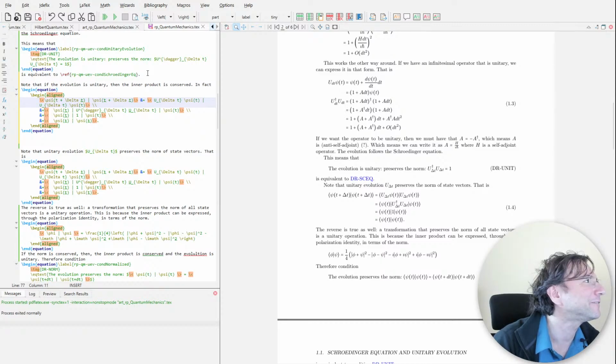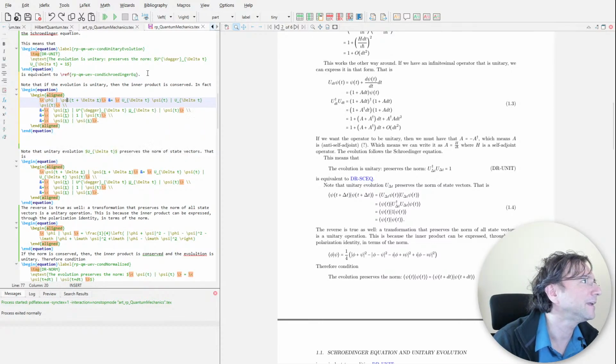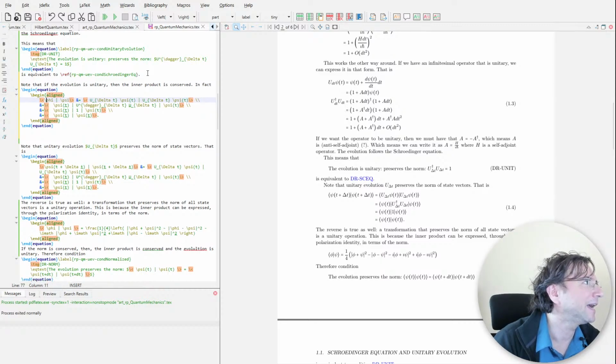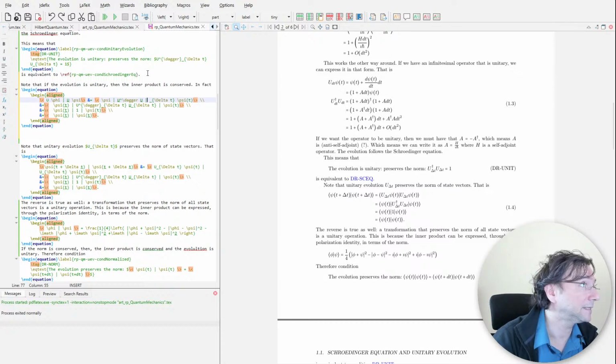So if I have, let's say, a phi and a psi, and I apply a unitary operator there, then this becomes psi and U dagger U and psi.